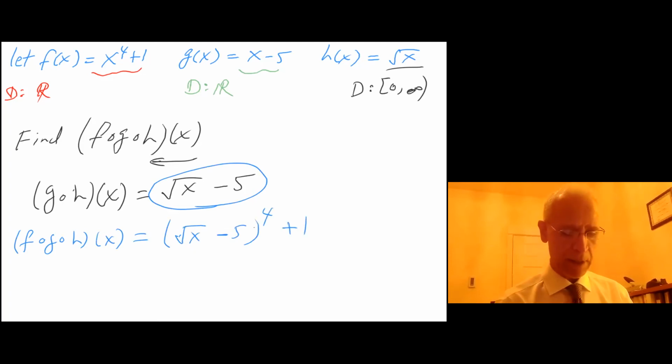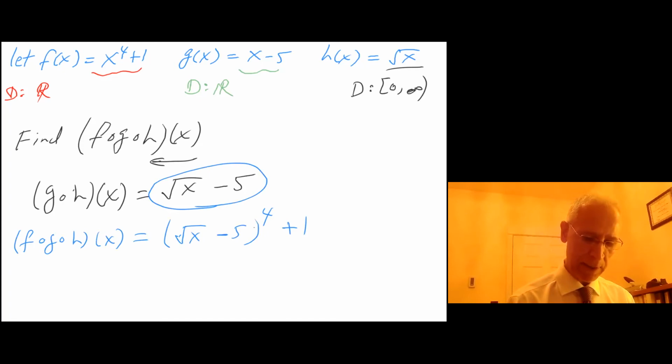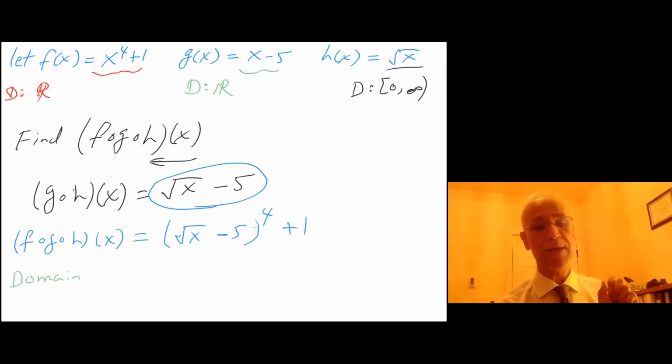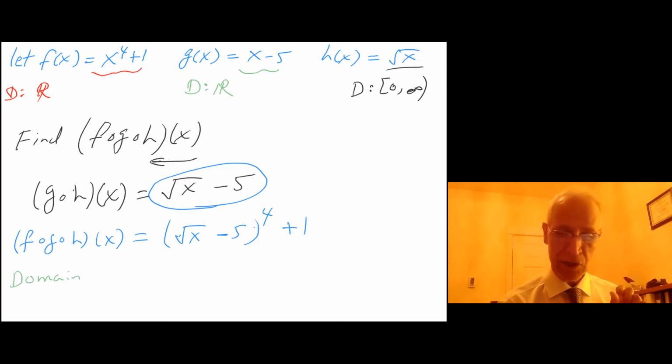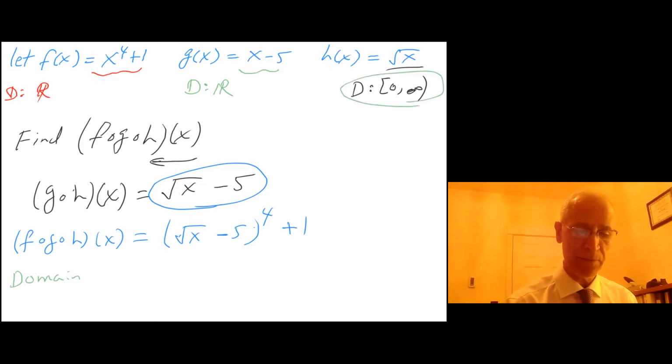And so notice that for the domain of the final product in here, I have to consider the domain of h of x and the domain of g of h of x. So for the domain of h of x, remember that the restriction was from 0 to infinity.